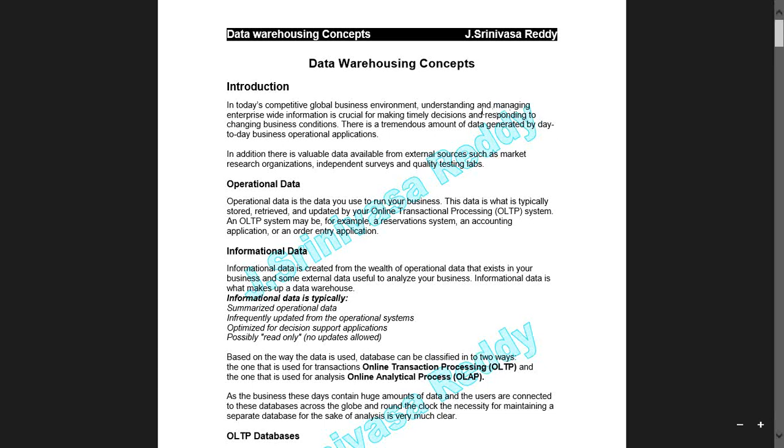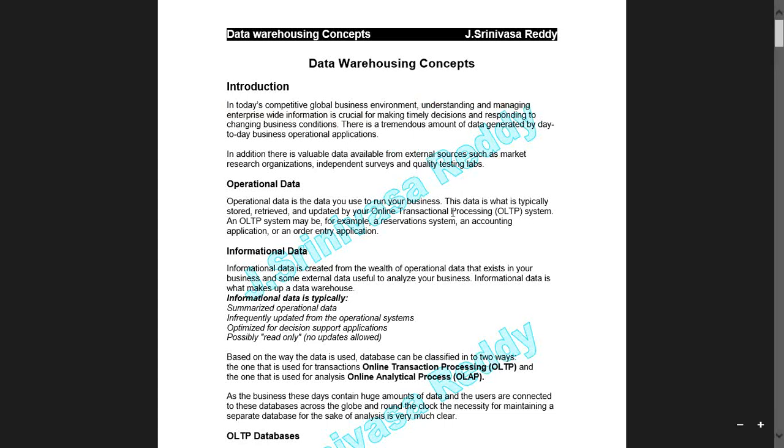So understanding and managing enterprise-wide information is critical for responding to the changing market conditions, right? And taking an appropriate decision at the appropriate time.